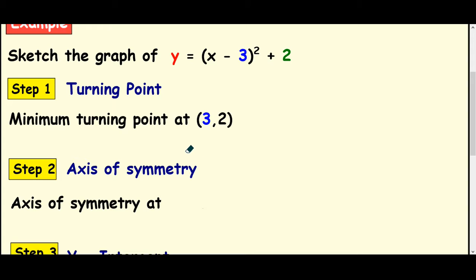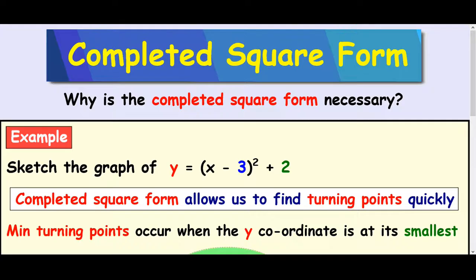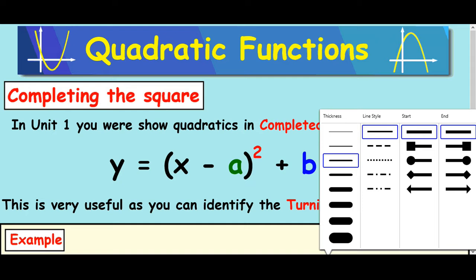The symmetry line is actually at the turning point. I'll flick back a second, and if we look at this here, the axis of symmetry is just a line straight up and down.